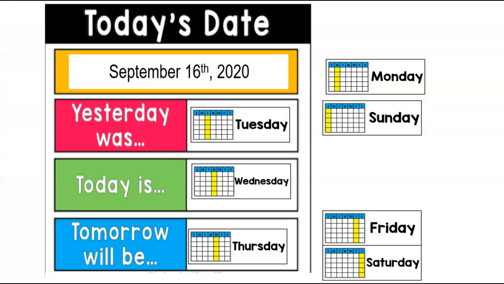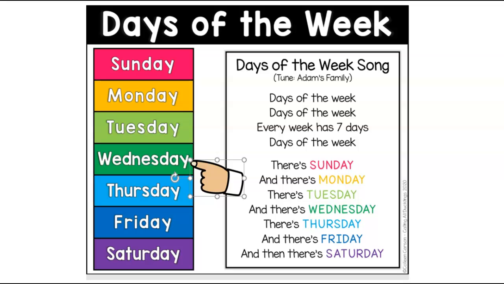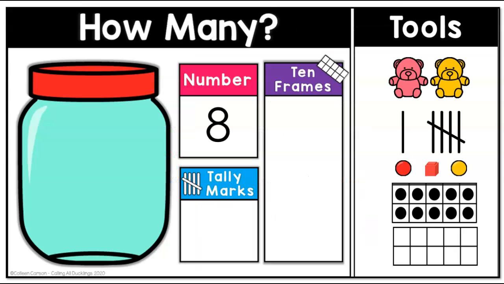At the beginning of our morning meetings, we'll talk about the date and really get the kids familiar with calendars. We might go into time and the days of the week, and then we might switch gears and talk about numbers and building numbers, making sure that they really can see numbers being built with 10 frames and tally marks and counting blocks, and just making that one-to-one correspondence very strong.